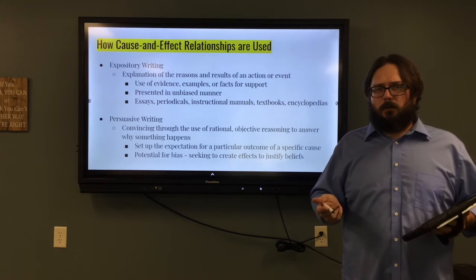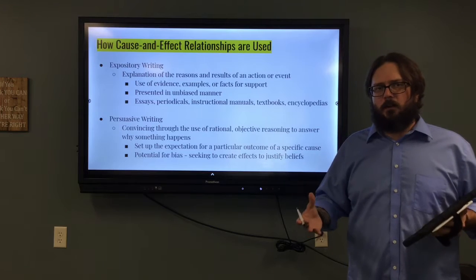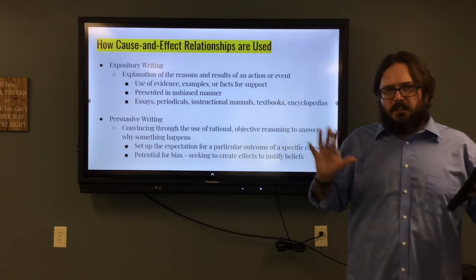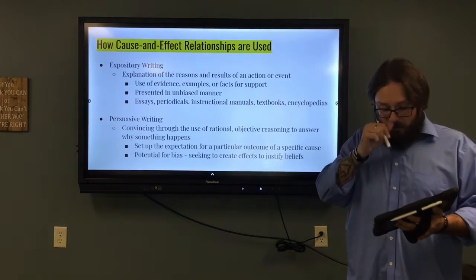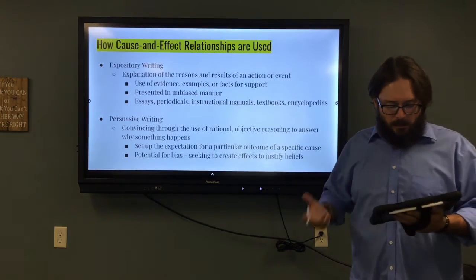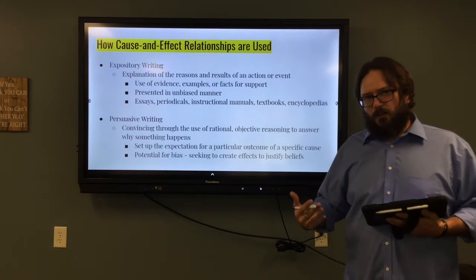Typically, in expository writing, causes and effects are presented in an unbiased manner. So they're just presenting the facts or examples. Some examples of expository writing will be essays, periodicals, instruction manuals, textbooks, or encyclopedias.